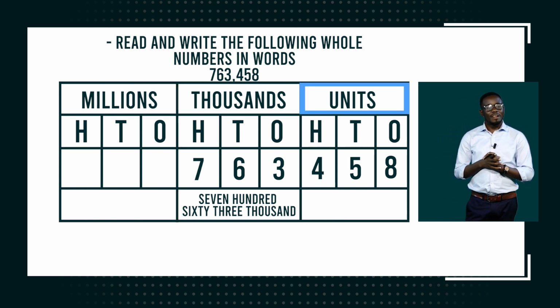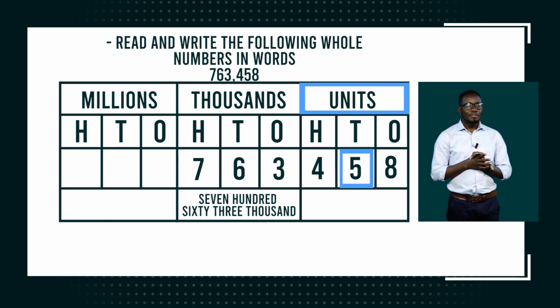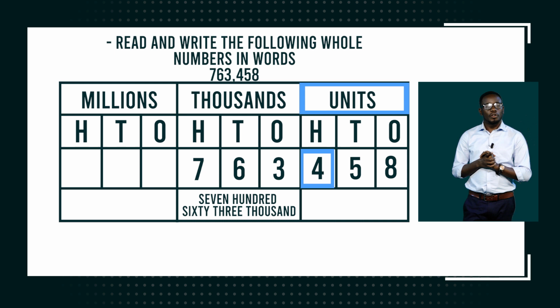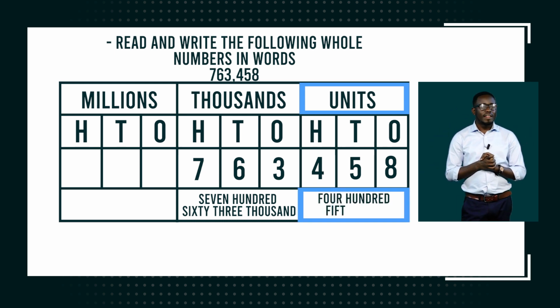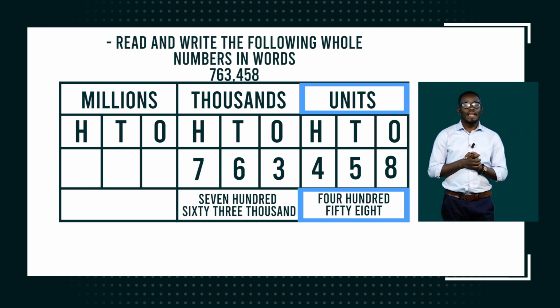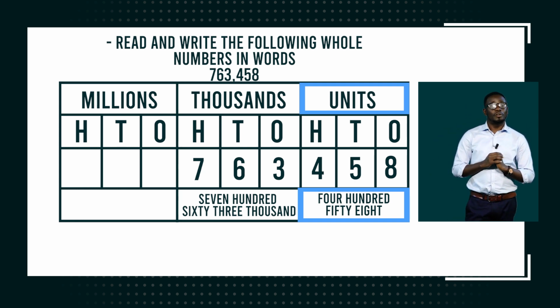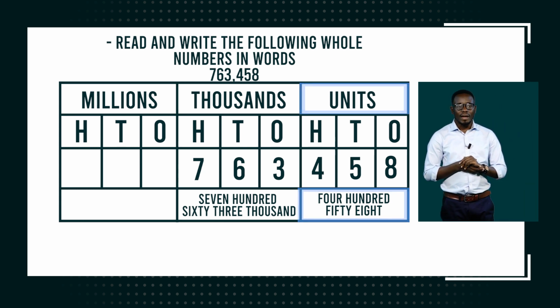After reading that, we go to the next period, units. The digits we have there are 4, 5, 8, which is 458. As I told you before, under units we don't need to write that word.